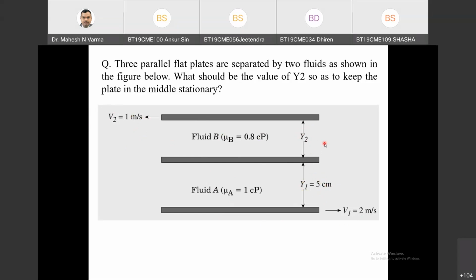Did everybody get the idea to solve this problem? Anybody not understood? Roll number 85, Karthik? Yes, sir, understood. Can you give me the value of y2?